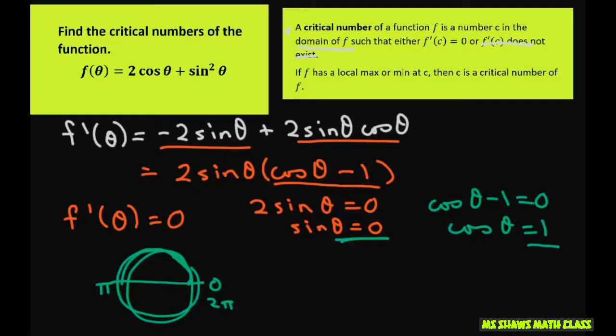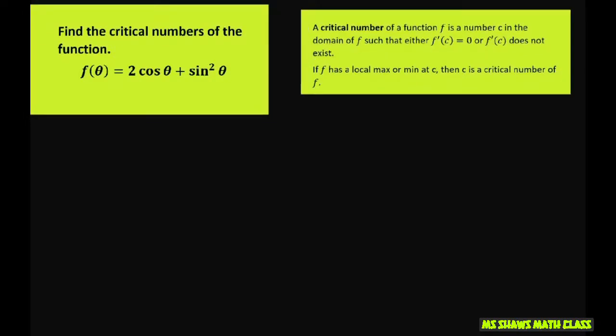So what we're going to say is our critical values are theta equals n times pi, where n is an integer. So let's start with 0. If n is 0, we get theta equals 0, and that would be correct for sine.